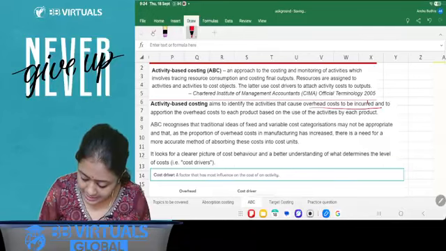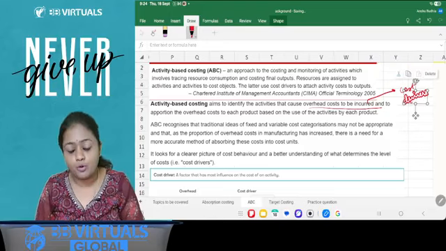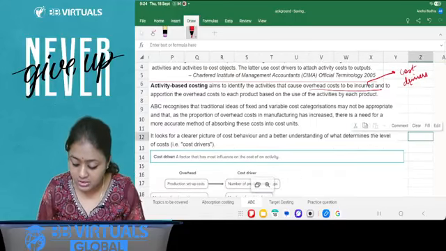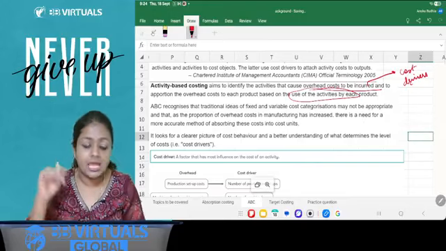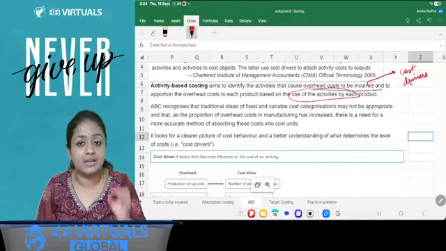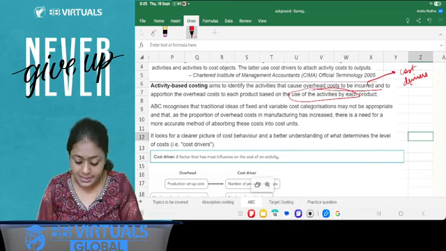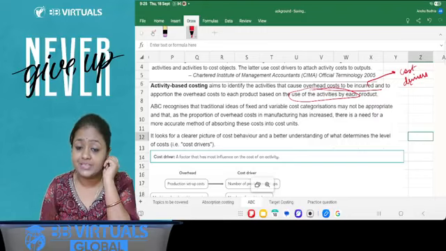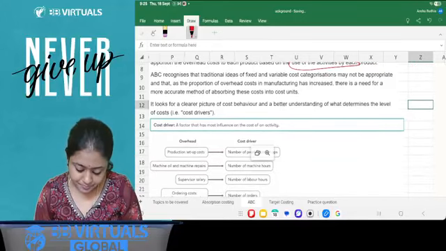So we will identify here the cost drivers, and then we will apportion the overhead cost to the product cost based on the use of these activities by each product. That is, based on the cost drivers that are driving this cost. Based on that logical basis only, we will allocate these overheads to each of the products. Right? I hope I'm clear.